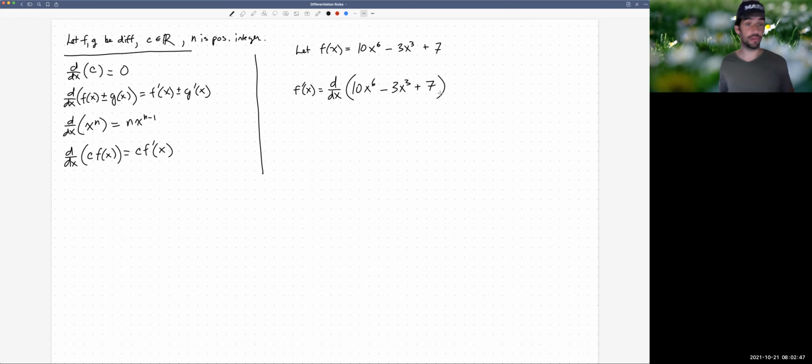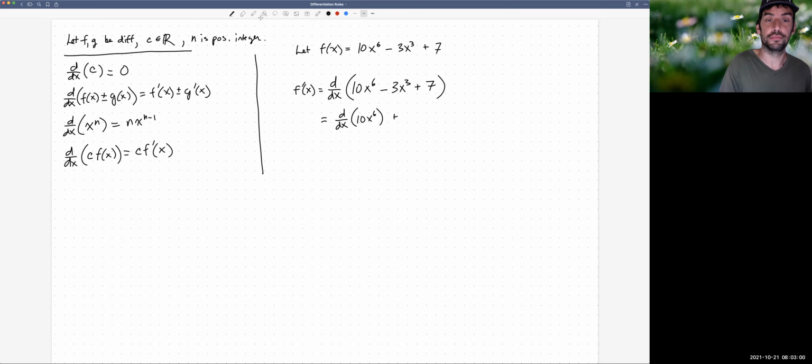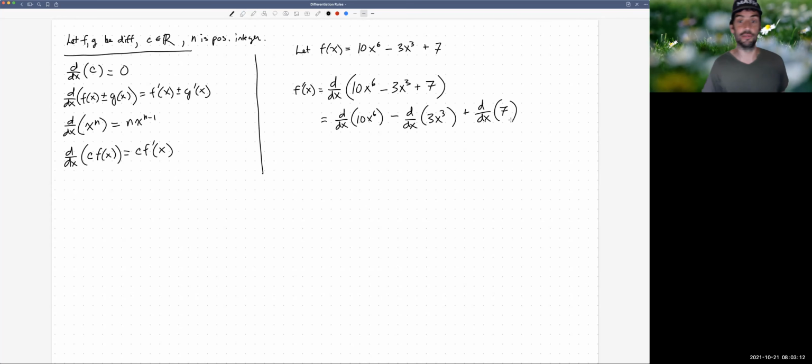So first, I apply the sum and difference rule. So I'm using the sum part of this rule, which means that I can split this up into 3 separate derivatives. Oops, that's a minus. Okay, that's the sum rule for derivatives.